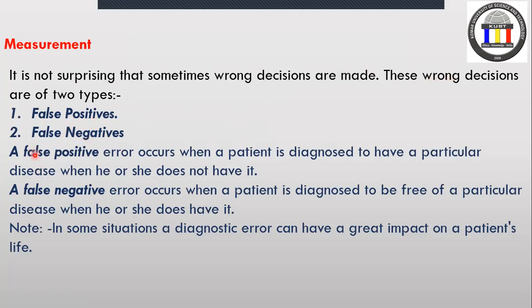The definition of the false positive is that when the patient is diagnosed to have a disease, but he or she does not have it. Okay, so for example, the doctor said this patient has a disease, but actually he doesn't have it.